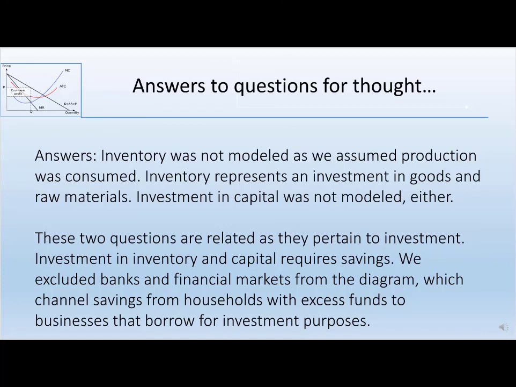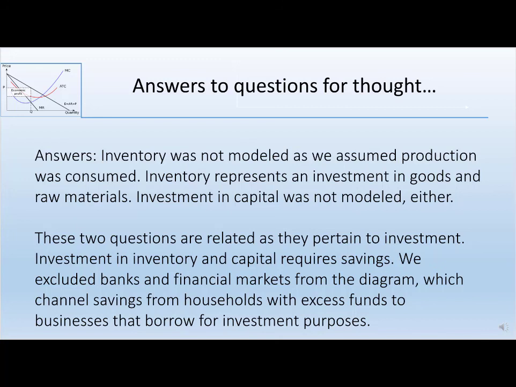So what does a bank do? It takes money from savers and ends up lending it to firms that borrow. And what are they borrowing that money for? They're borrowing it to buy capital, equipment, machinery, or inventory. So businesses do borrow for inventory purposes, especially on a seasonal basis.